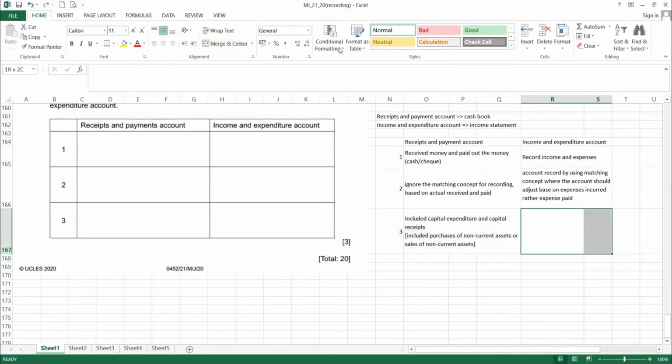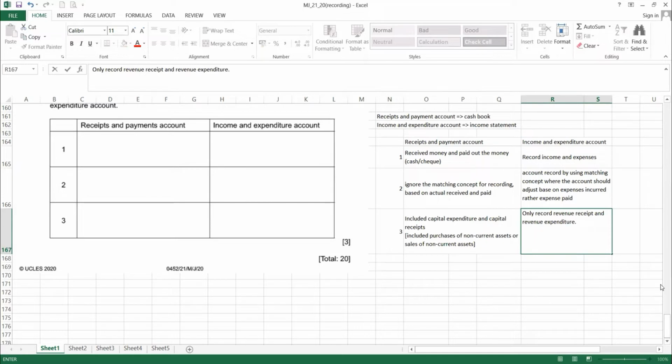When I come to the income and expenditure, it only records revenue receipt and revenue expenditure.